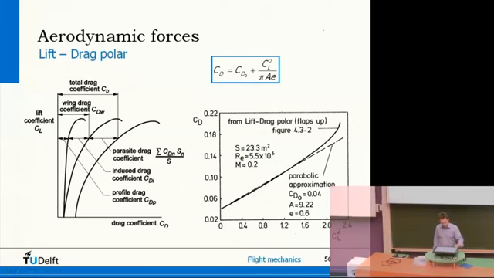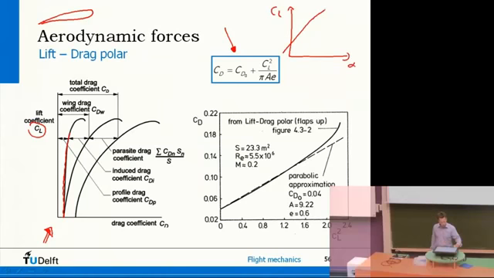So if we look at this curve on the left, then if you would only have a two-dimensional profile, then for different angles of attack or for different lift coefficients, because CL is of course a function of angle of attack, you more or less have a certain drag coefficient.